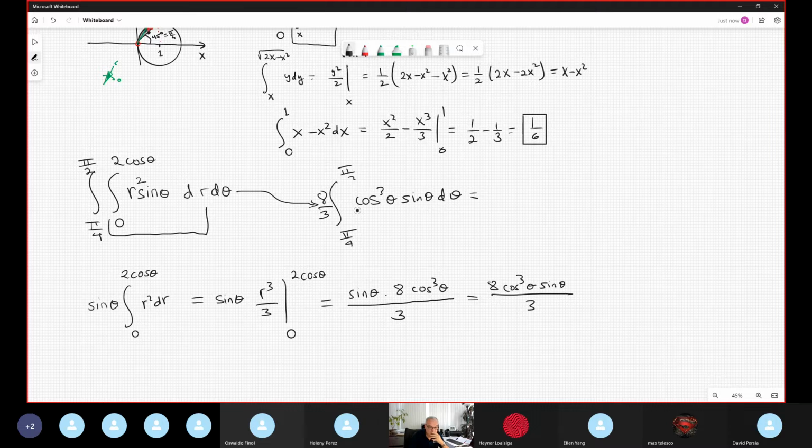We assume, for example, that u is cosine theta, and the derivative du is minus sine theta d theta. So almost we have the complete differential, but the only problem is the negative; it doesn't affect you if you put the negative outside. So my new integral after the substitution is minus 8 over 3, integral from something to something, I have no idea, of u cubed du. Yes or no?